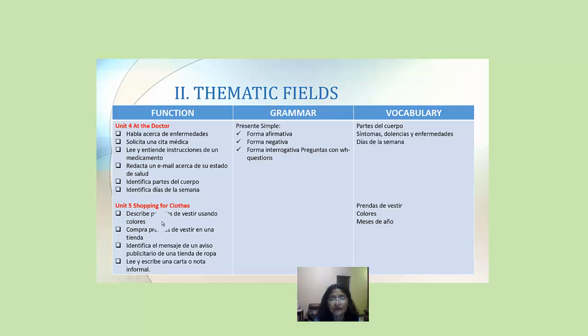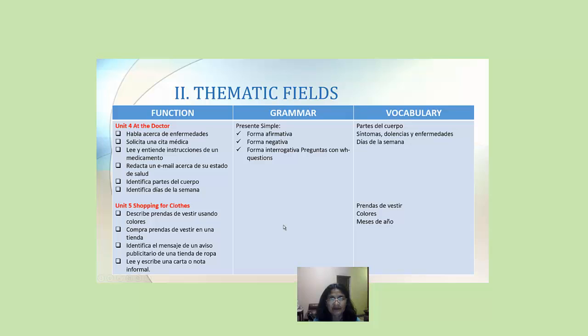These 2 topic units or topical units form my learning unit. Okay. All right, I'm going to tell you again. Here we have to consider the function of the language that they are going to practice, the grammar they are going to use, and the vocabulary they are going to use.